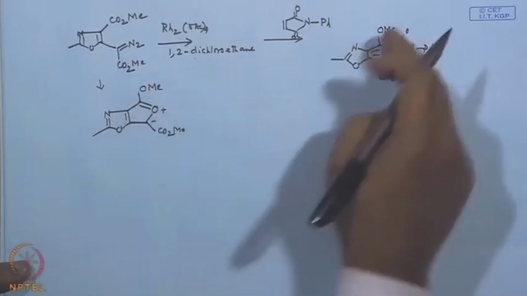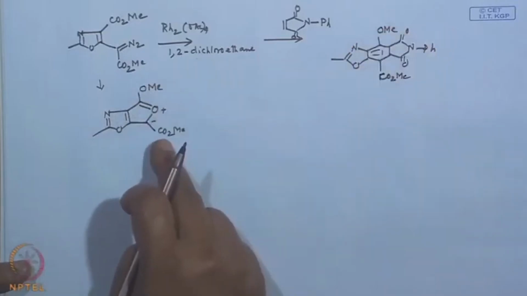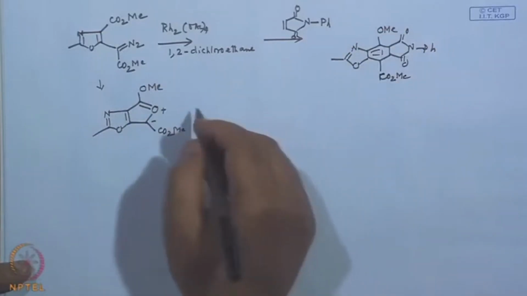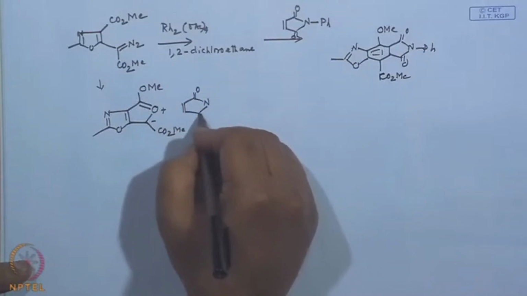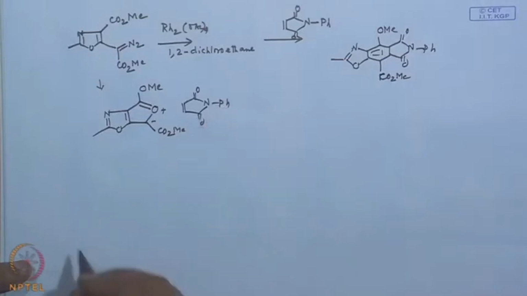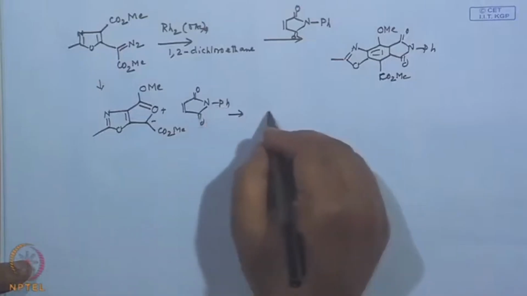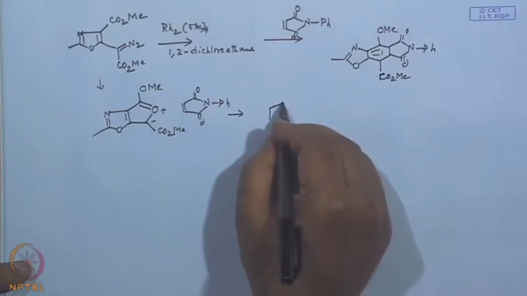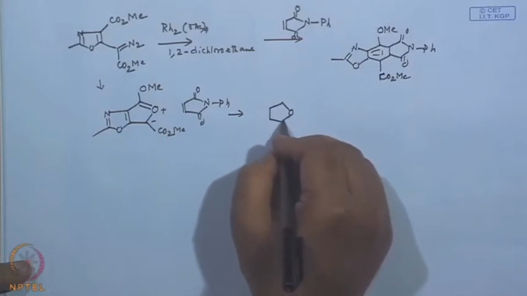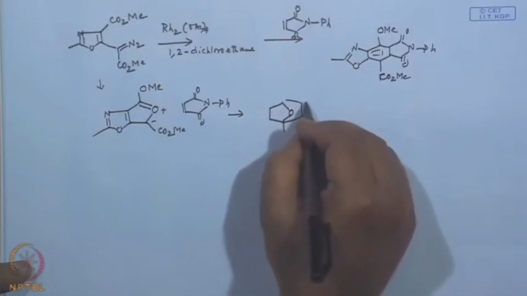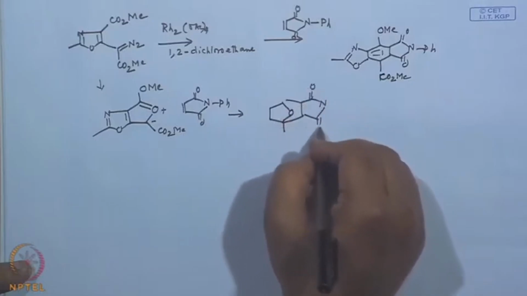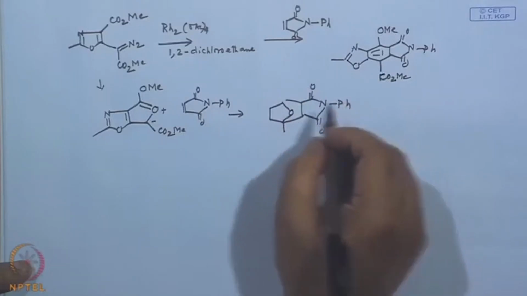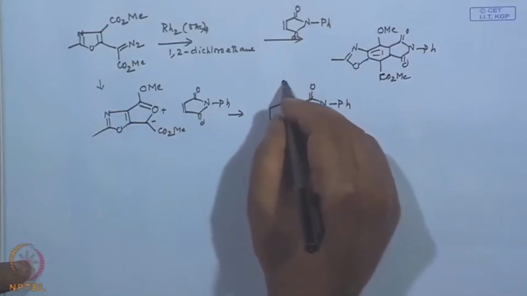So, this methoxy is retained, this ester is retained, okay. And if you then have Diels-Alder, it undergoes thermal reaction. So, what you will find, this will be this as a typical cycloaddition reaction, and this is OMe.